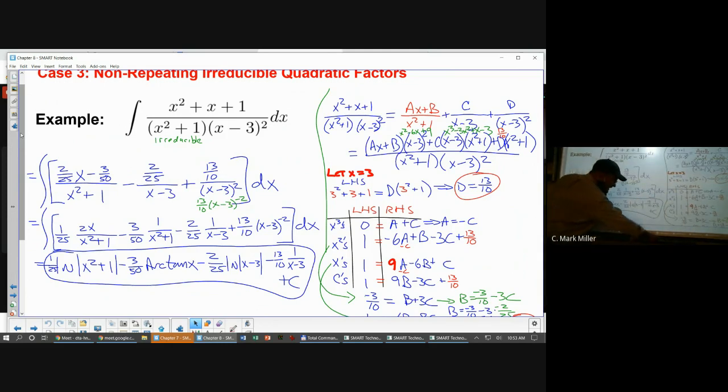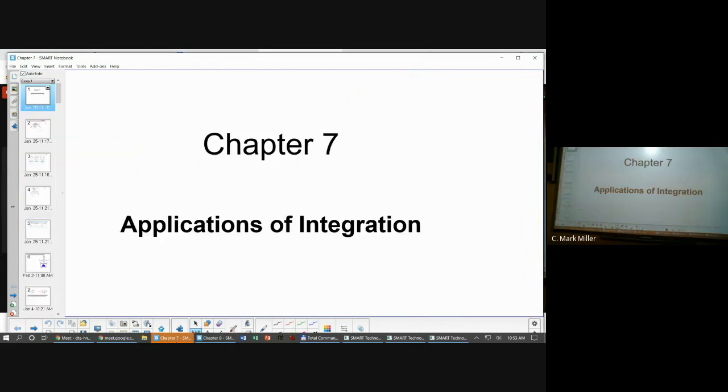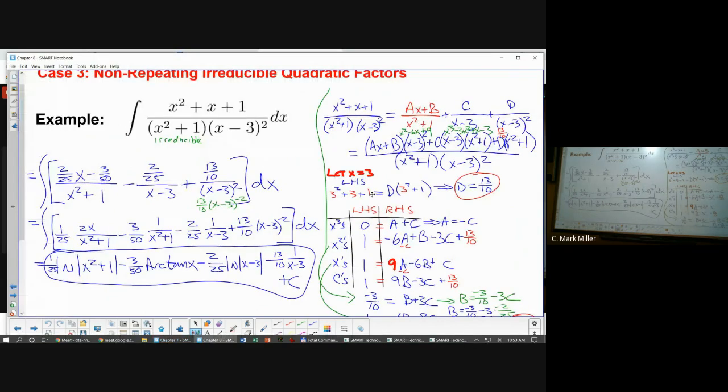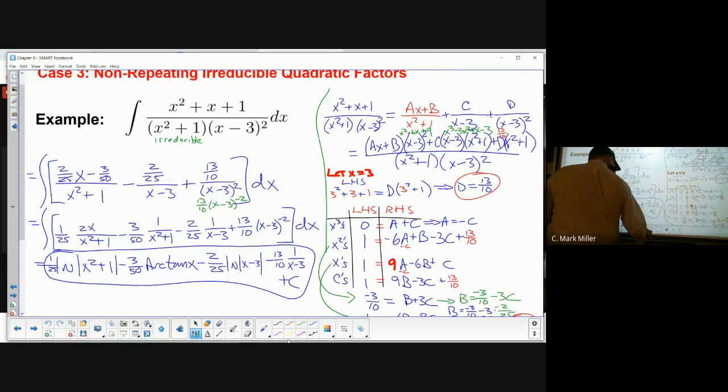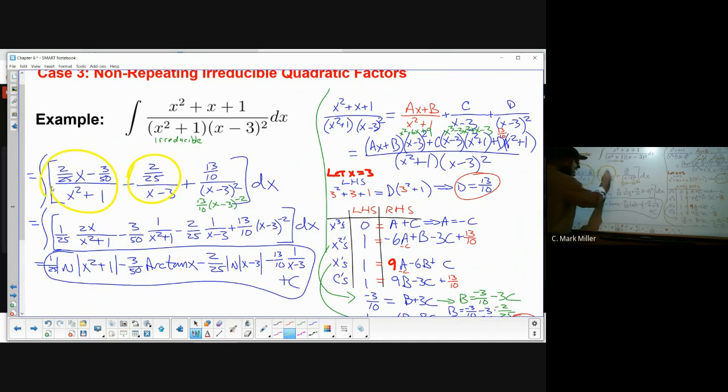This integral breaks down to this. Don't worry about how we do that. But you, right now, coming into Calc 2, have enough calculus, or should have enough calculus, to integrate that, that, and that.